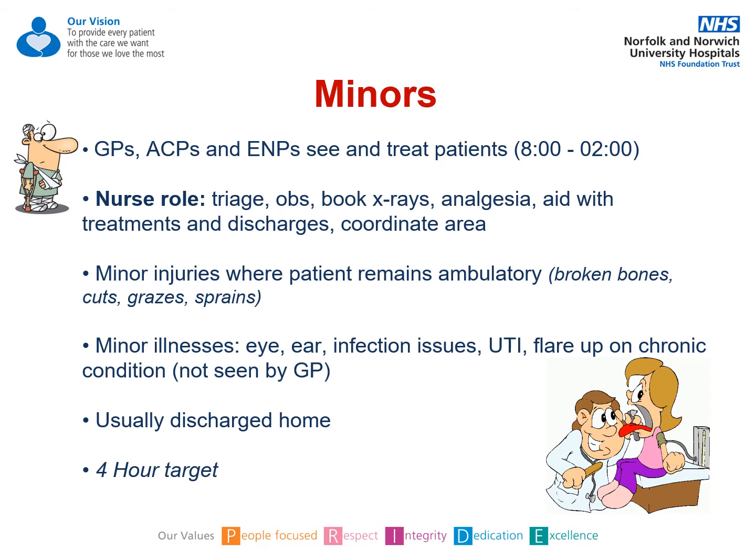Might be things like UTIs, or a bit of whiplash from a car crash perhaps that happened a week ago. It may be a chronic condition that's flared up again that the GP is not quite happy to see, or the GP pods aren't running. They will get seen here instead.